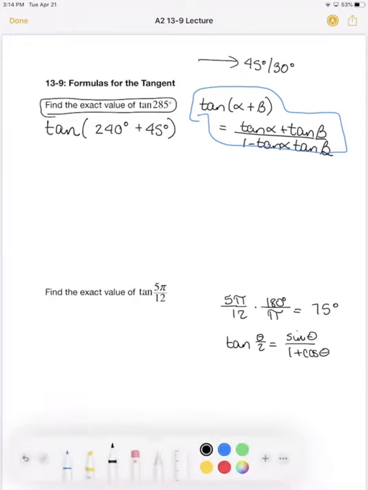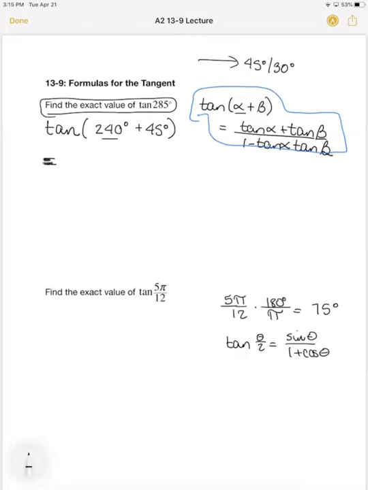Now, we want the tangent of 240 plus 45. It's going to be equal to the tangent. Now, 240 is going to be my alpha.